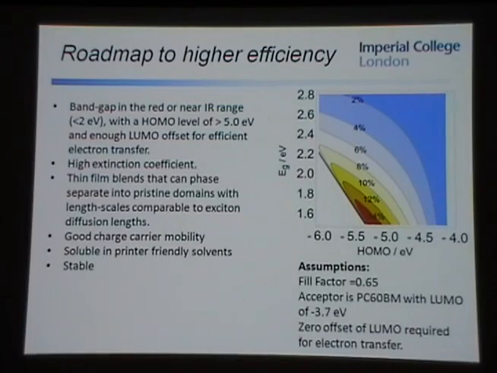We need it to be, this is kind of ignored, but we need it to be soluble in printer-friendly solvents. This is actually a reasonably big challenge. Most of the polymers reported so far typically only dissolve in chlorinated solvents, and you can't manufacture, at least in Europe, probably in the US as well, in chlorinated solvents. They're too toxic, they're too harmful for the environment. So this is a challenge, but we need to use printer-friendly solvents.